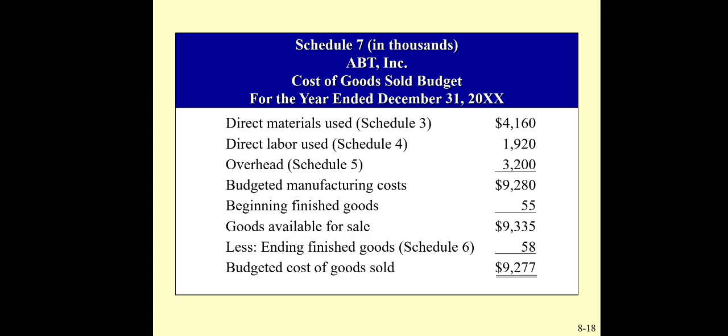The second thing that you have to show in the cost of goods sold budget is the direct labor use. This item is coming from schedule 4, the direct labor budget. And then the third item that you have to show in this budget is overhead. It is coming from schedule 5, the overhead budget. The number is 3,200.